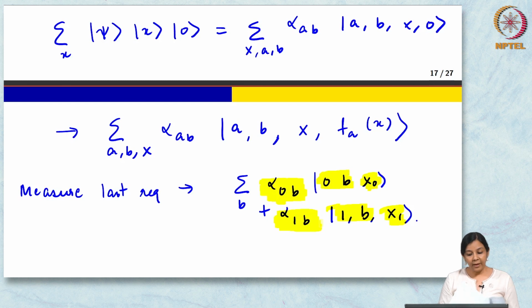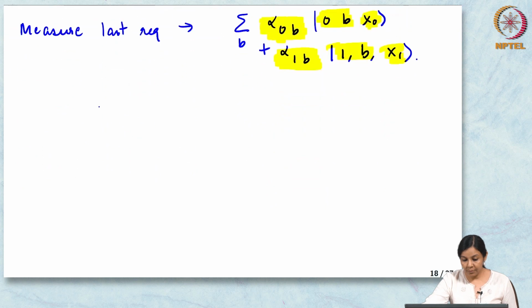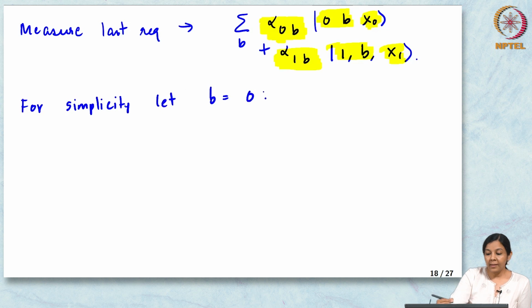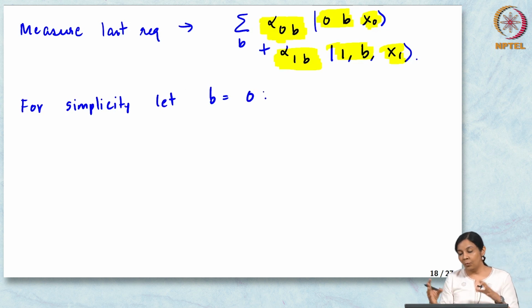Now, as I was saying before, for simplicity, let us get rid of this b. I am just going to set b equal to 0. Everything that we do from now on can obviously be extended to incorporate this b. This is just for ease of exposition.